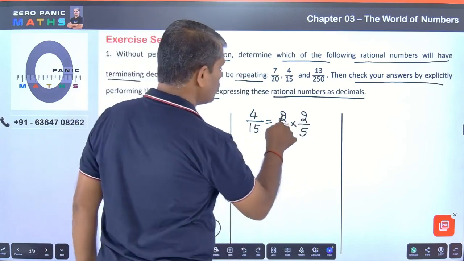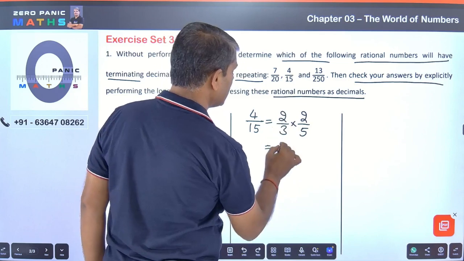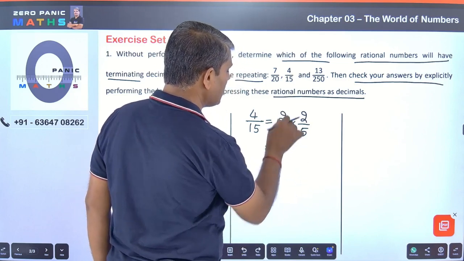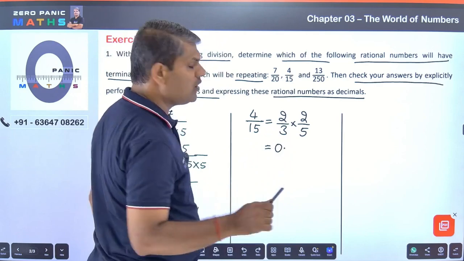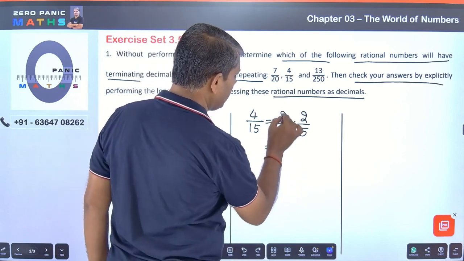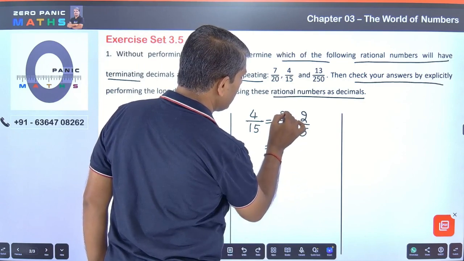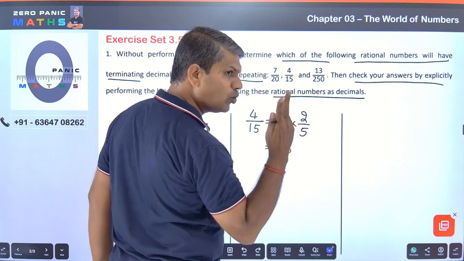As we know already, 2 by 3 is 0 point. Why did I convert this? Because the division will be easy for me. It is not a long division, but a simple division will give me the result. 0 becomes 20, and 3 6s are 18. So 2 remains.